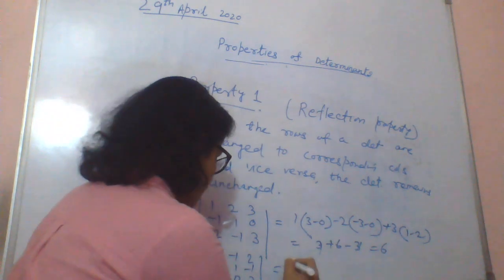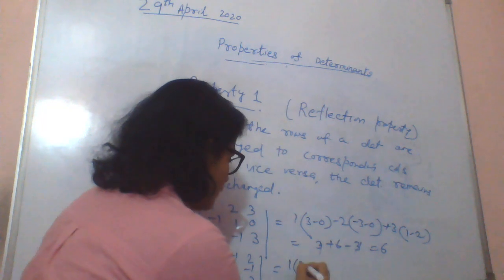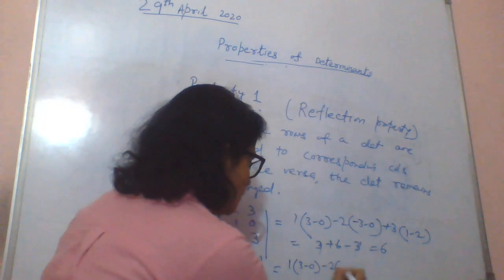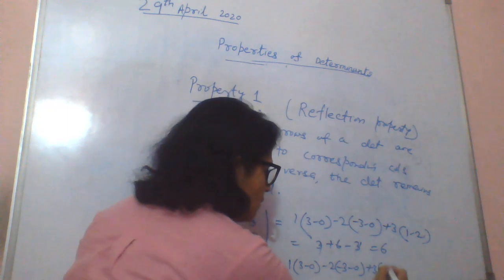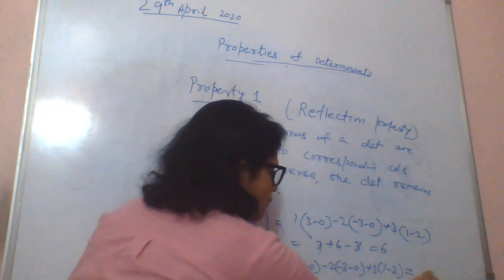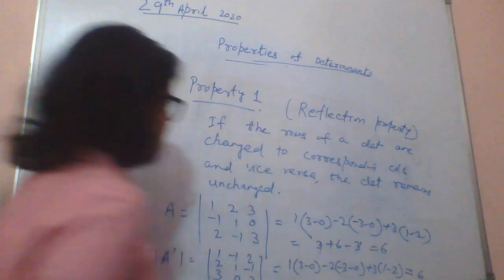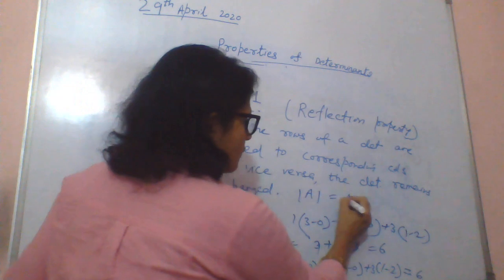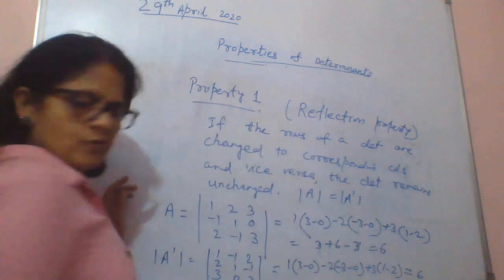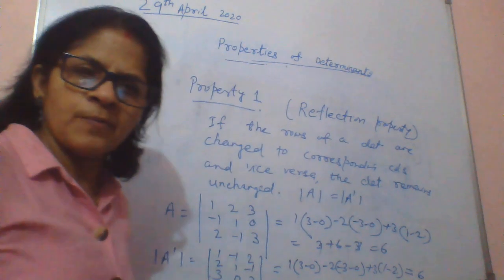So here also you get 1 into (3 minus 0), minus 2 into (minus 3 minus 0), plus 3 into (1 minus 2). So we are getting 6 here. So determinant of A equals determinant of A transpose. This is called the reflection property.